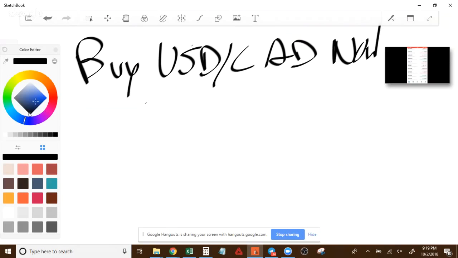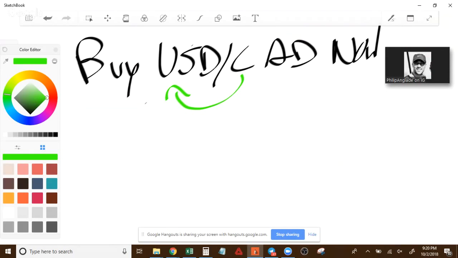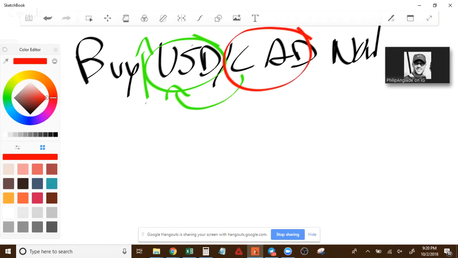What does that mean? What's happening is you're buying. Essentially you're going from Canadian dollars to US dollars. So you're buying the US dollar, expecting the US dollar to go up, and expecting the Canadian dollar to go down.